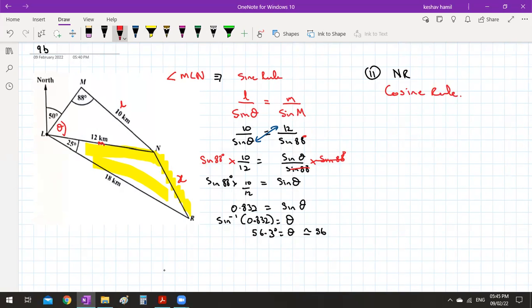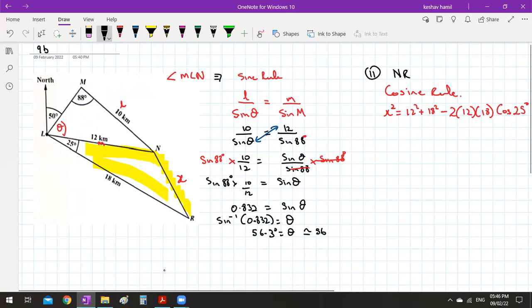The cosine rule states that the opposite side to the angle squared, so in this case x squared, is equal to the sum of the squares of the other two sides, so 12 squared plus 18 squared, minus 2 times the product of the two sides, so 12 by 18, by cosine of the angle, which in this case is 25 degrees.